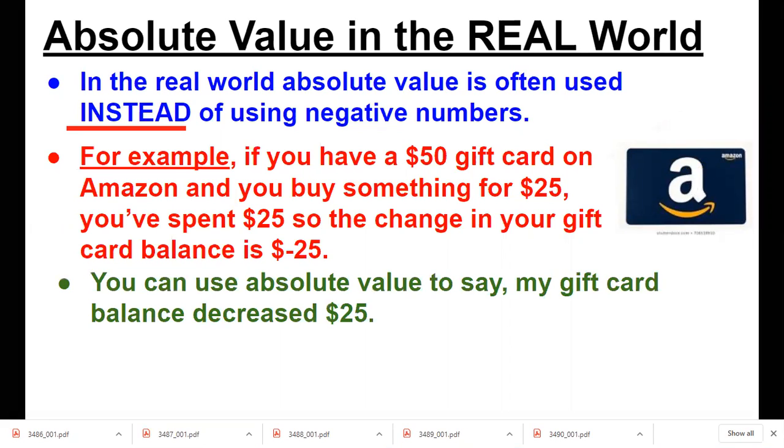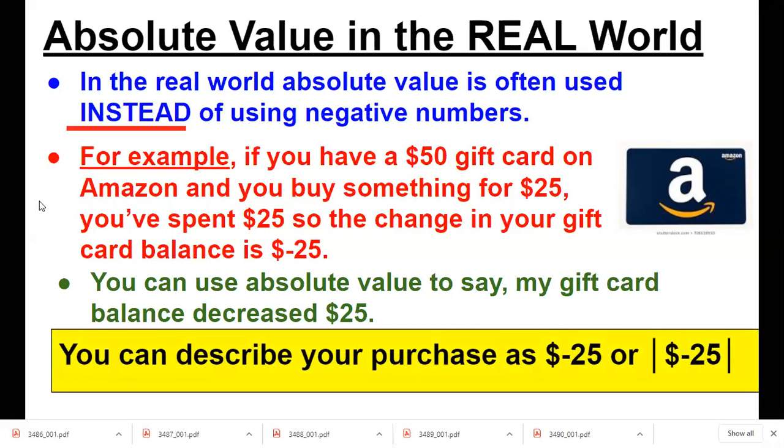You can use the absolute value to say that my gift card balance decreased $25. So it decreased a distance of $25. Even though it went down negatively, the absolute value of -25 is 25. You can describe your purchase as -$25 or the absolute value of -$25.